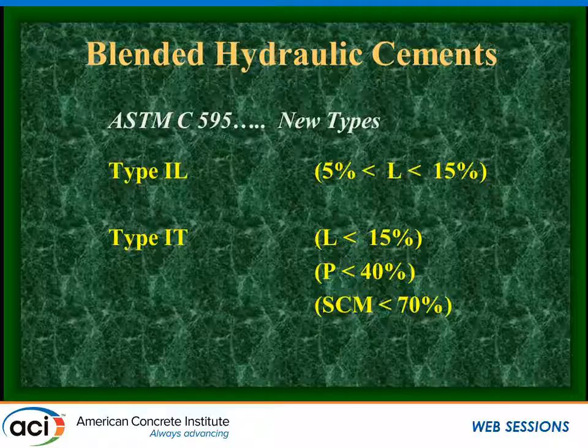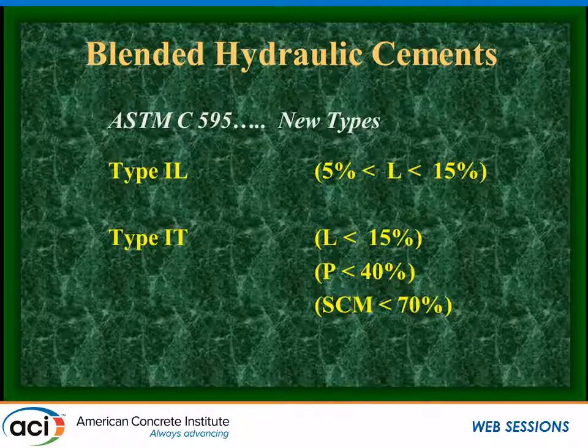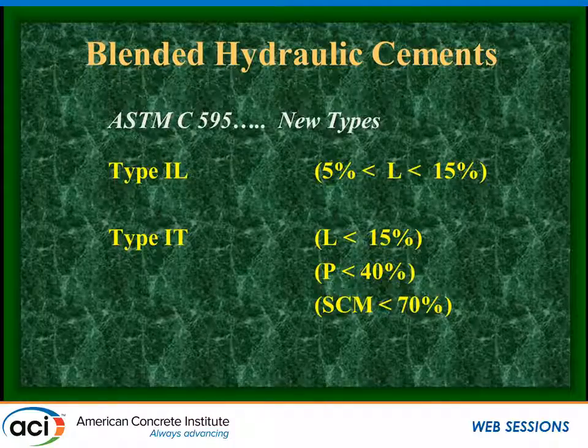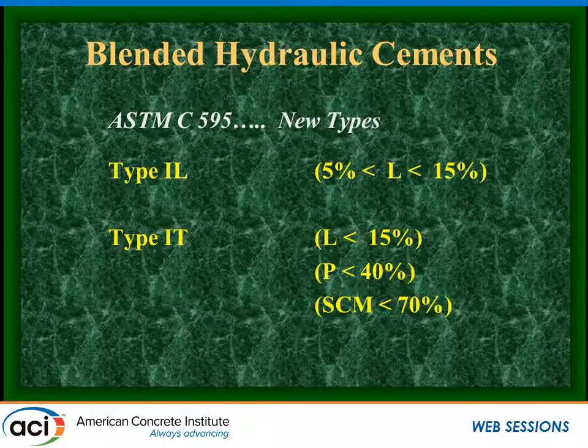It can be any 2 of limestone, class C ash, class F ash, slag, silica fume. Any of these can be put in there, and our limits here are we cannot have more than 15% limestone, we can't have more than 40% pozzolan, and we can't have more than 70% total of the supplementary cementitious material in that blend.